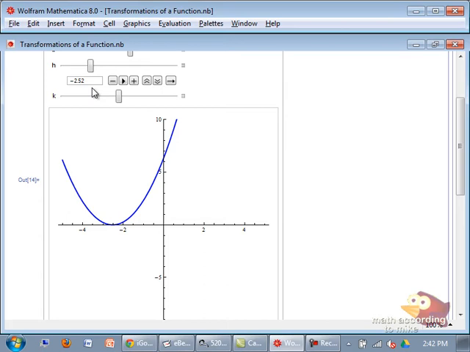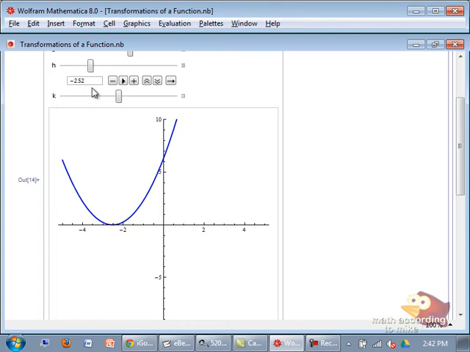So if you add to the function, you move up. You subtract from the function, you move down. Add to the variable, you move left. Subtract from the variable, you move right. So again, that's that prepositional phrase we have to worry about. Add to the function up, subtract from the function down, add to the variable left, subtract from the variable right.